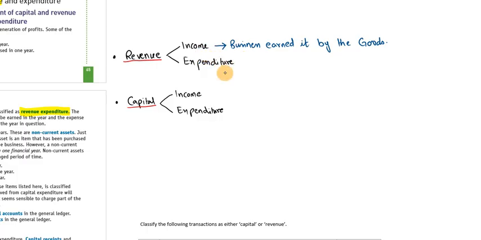So revenue expenditure is the business's day-to-day expenditure for running its operation.